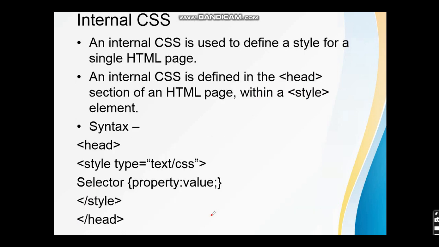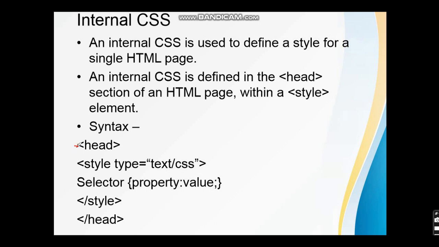Now next. Internal CSS. An internal CSS is used to define a style for a single HTML page, right? An internal CSS is defined in the head section of an HTML page within a style element, right? So here you can see the syntax.